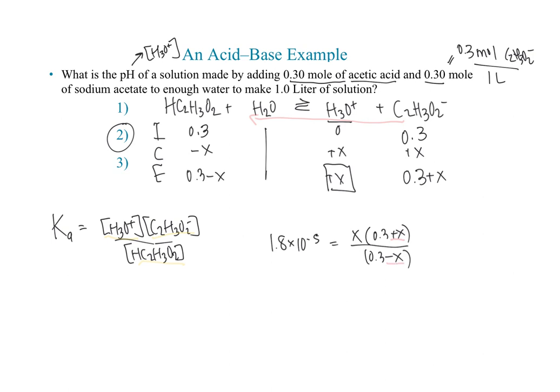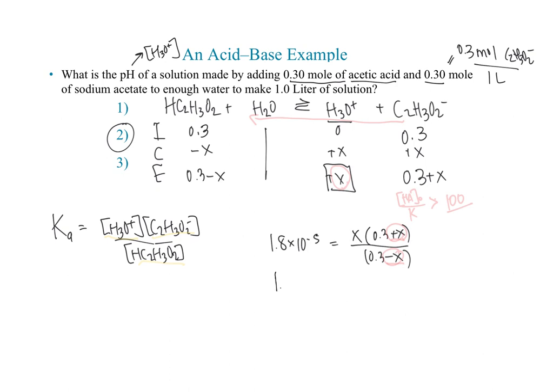But now I can also, because I'm going to dissociate even less for this X here, since I have a common ion and via Le Chatelier's principle, I get to lower that expectation, that threshold. Either way, this still works for this case. But now what we get to do is, if the ratio of your initial concentration of your reactant over your K is greater than 100, not 1,000, then you get to make the approximation where the X is so small that it's not going to impact it.